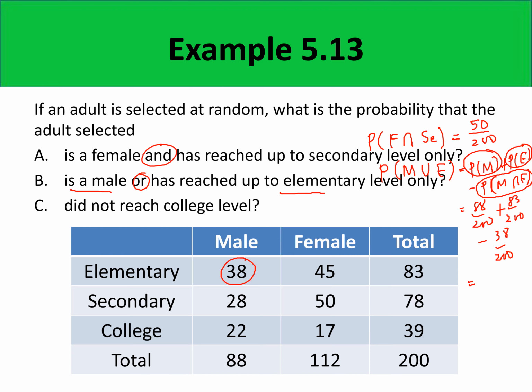Now, simplifying this will give us 133 over 200.